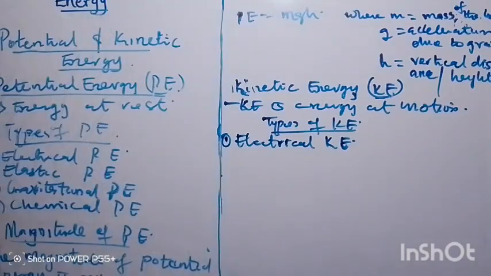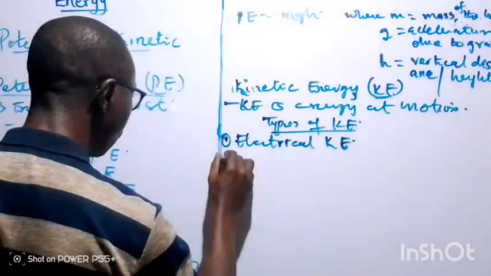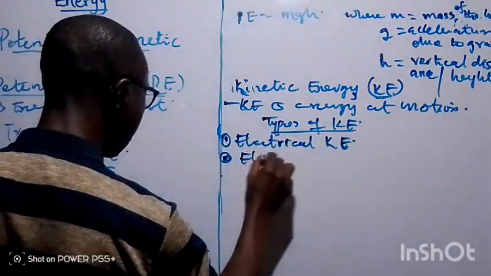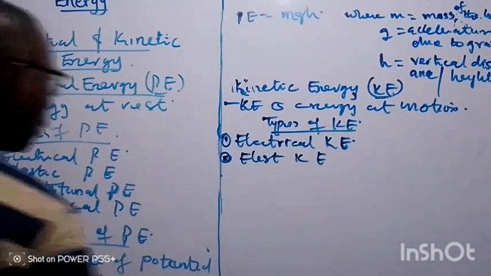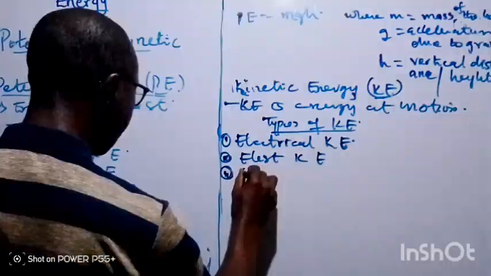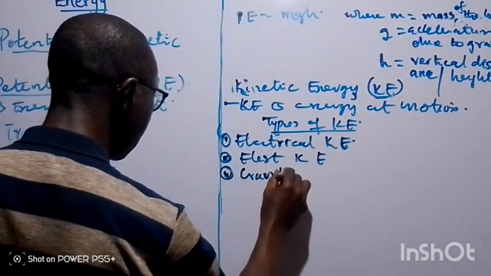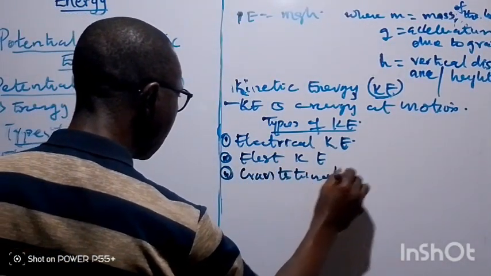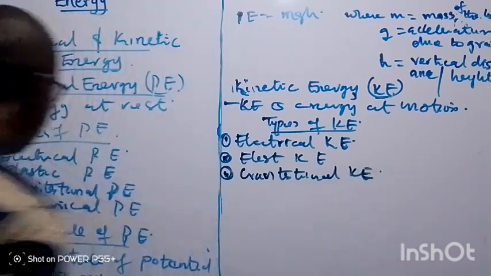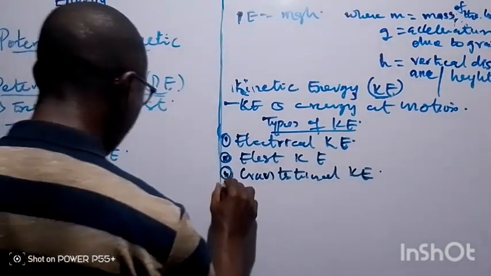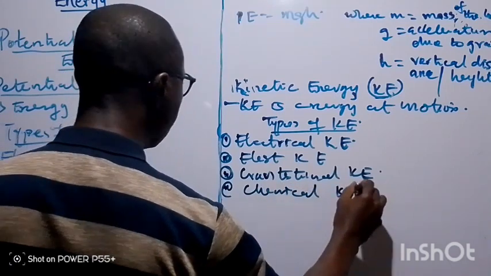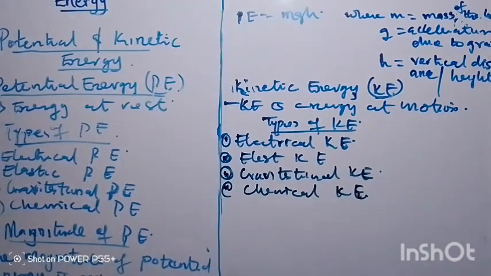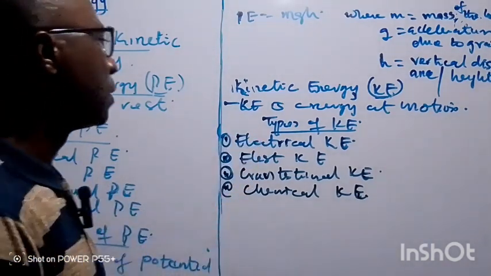Two, elastic kinetic energy. Three, gravitational kinetic energy. Then at the same time we can have chemical kinetic energy. Just when the object is in motion, then we have what we call kinetic energy.